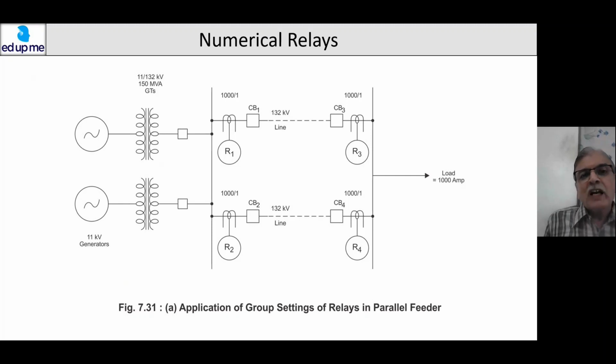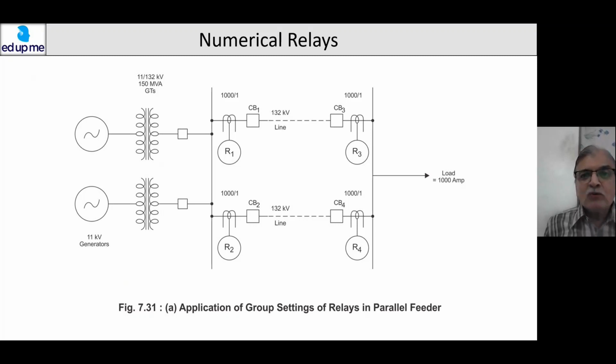So if you go for 100%, then you are reducing the sensitivity because normal current is just 500 ampere. Normal current is just 50% of 1 ampere, and therefore the sensitivity of the relay is reduced. The relay is insensitive. When I was using electromechanical or static relays, I was doing it at the cost of sensitivity.